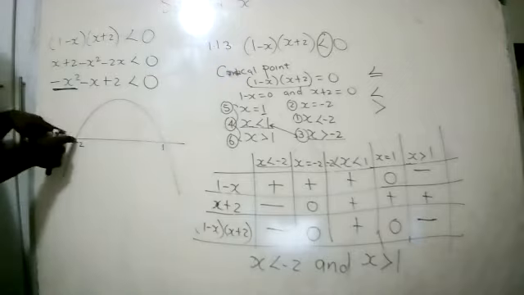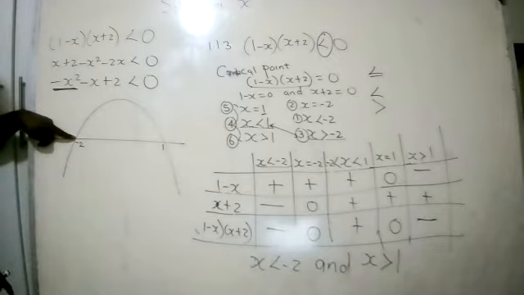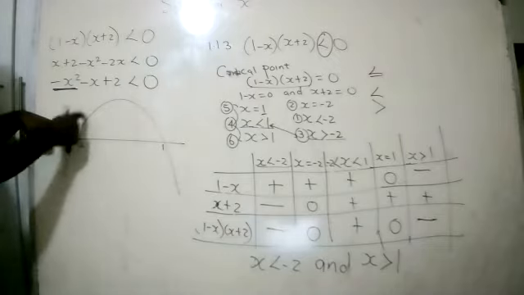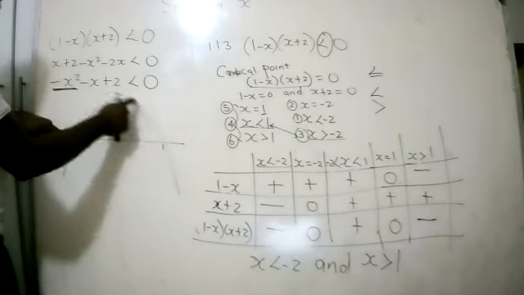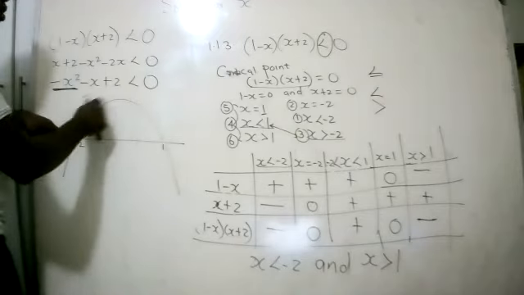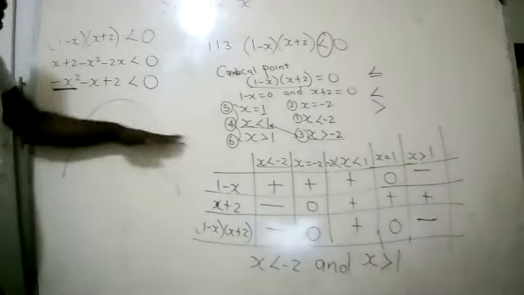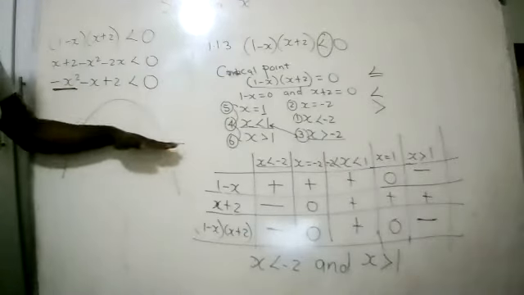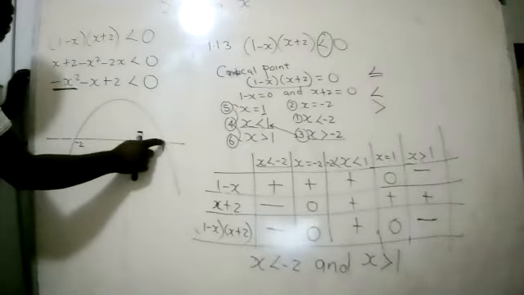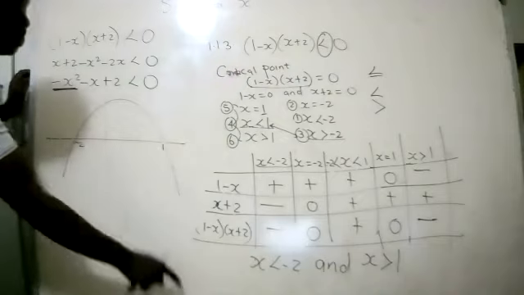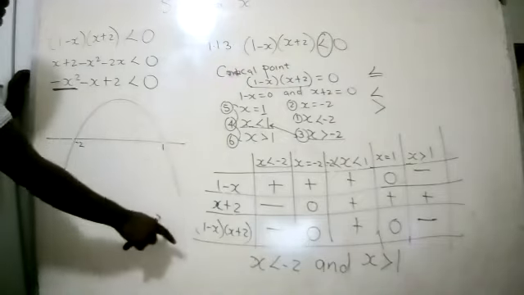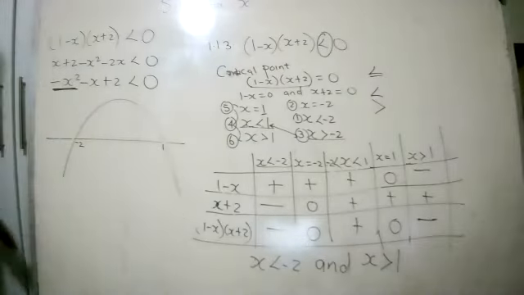Like here, from here going to this side, our graph is negative. But from here up to 1, the graph is positive. Why is it positive? Because it's above the x-axis, right? Yes. And then from here going to this direction, the graph is negative again. So that's how we interpret the graph.